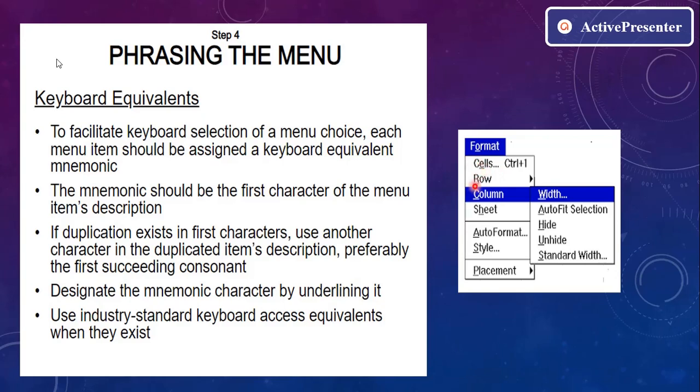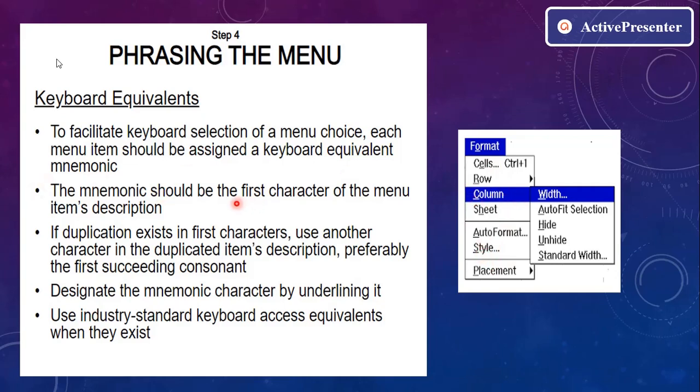And in row, R is being underlined. In column, C is being underlined. So what is the meaning of this? These are called keyboard equivalents. Menu choices can be selected using these keyboard equivalents.